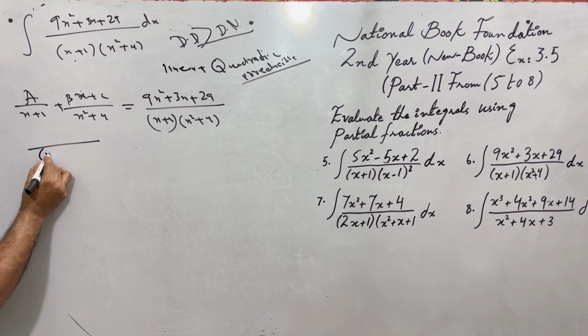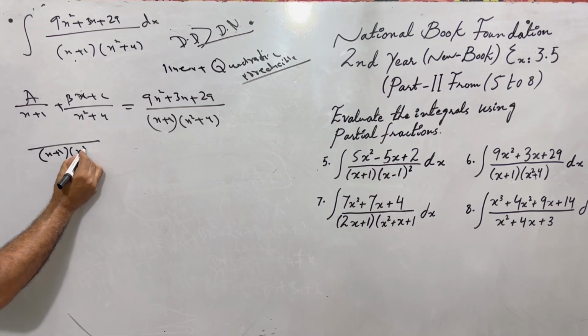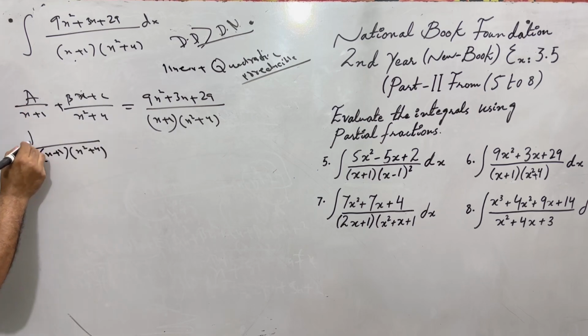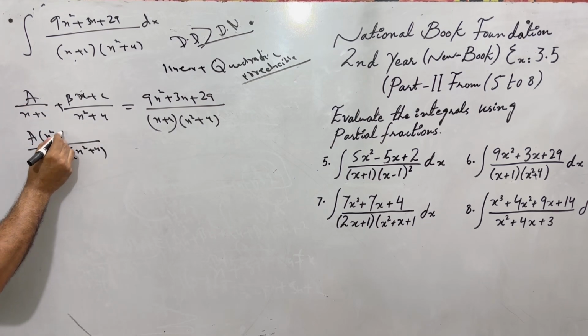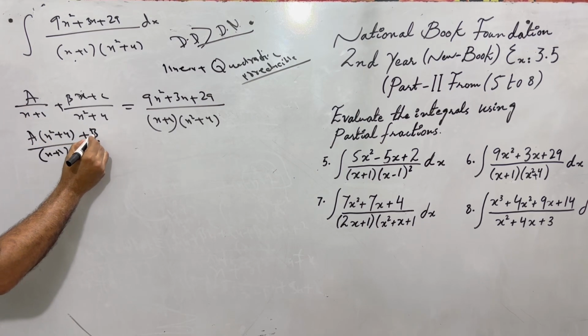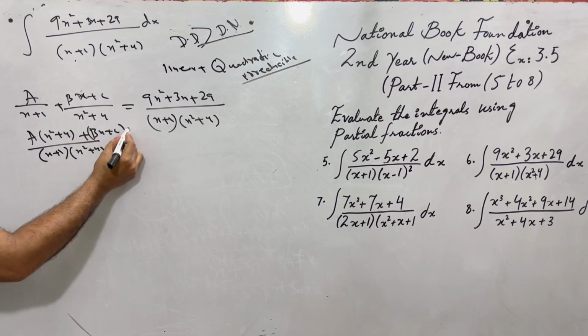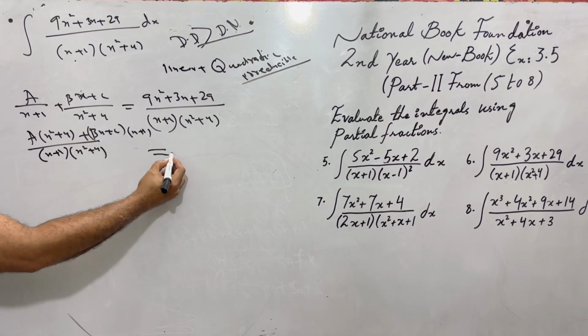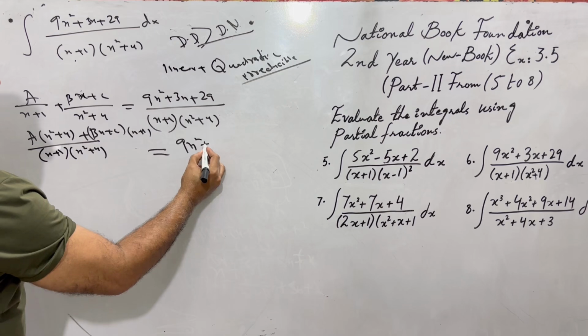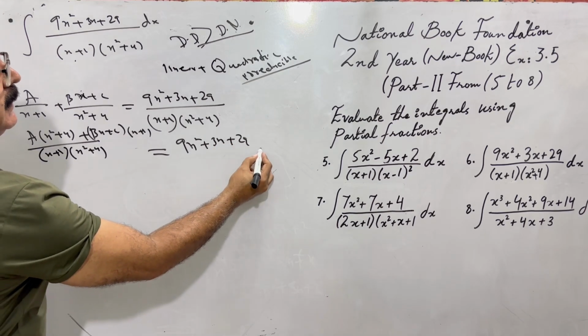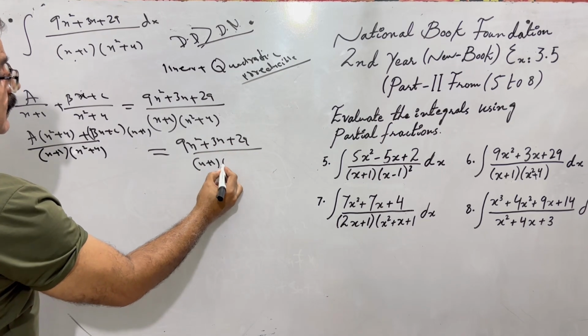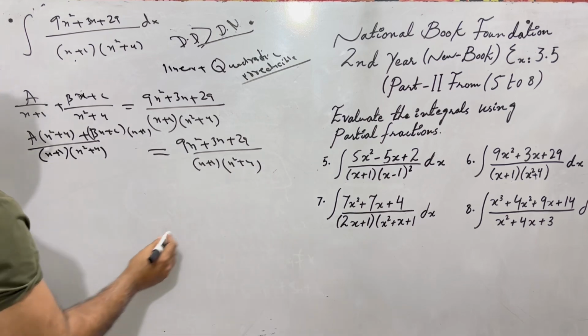Taking LCM, x plus 1 times x square plus 4, here A times x square plus 4 plus bx plus c times x plus 1 is equal to 9x square plus 3x plus 29 divided by x plus 1 times x square plus 4.